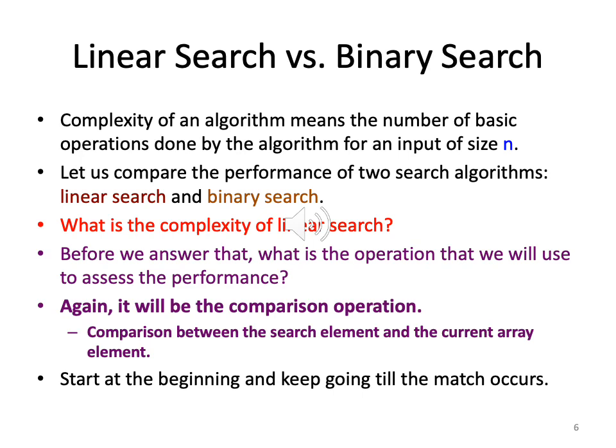So complexity of an algorithm means the number of basic operations done by the algorithm for an input of size n. So we're given an input size, and in order to calculate the complexity, we first have to determine what are the key operations that we are doing in this algorithm. Because the algorithm is already given, we now have to analyze its complexity.